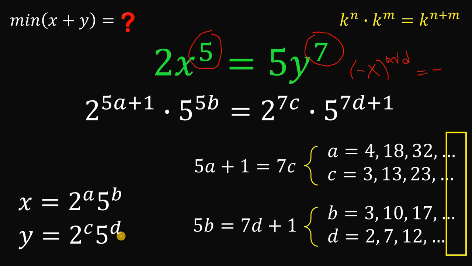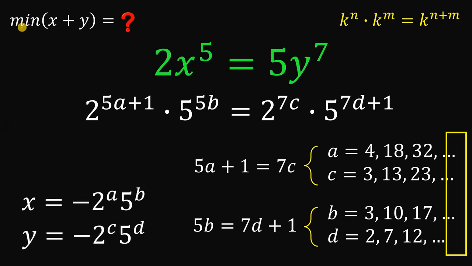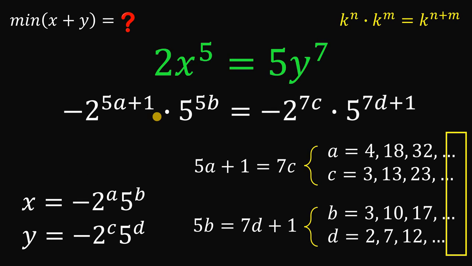Therefore, if we choose x and y to be negative numbers, because we want the minimum possible value of x plus y, so we choose a negative value for x and a negative value for y. And it turns out that the left-hand side and the right-hand side are equal to a negative number. They are still the same.